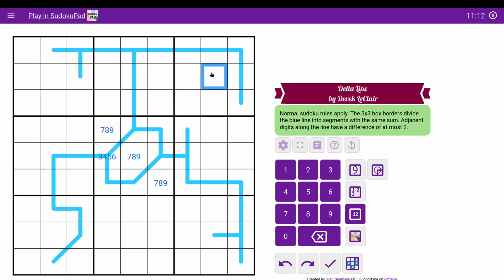Is it possible for both the maximum and the minimum in the top row to be in the interior of the blue line? Yes. Okay, that's not a contradiction.